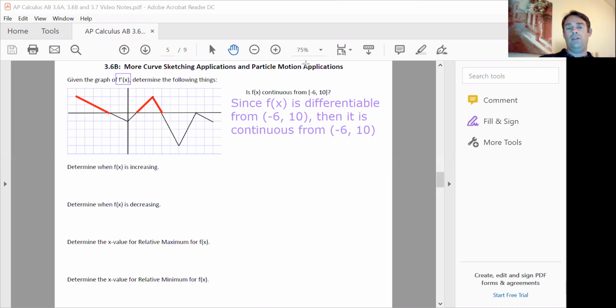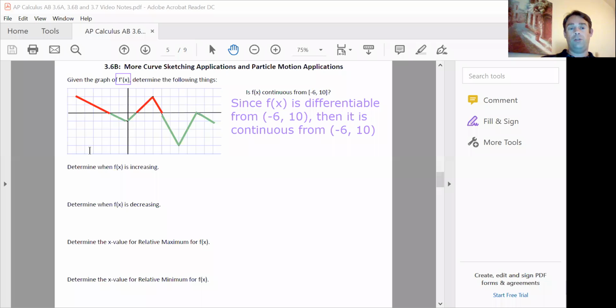Every place that is a negative value, I'm going to go ahead and color it green to help me figure out these questions here. All righty. So where it's red, that's where it's a positive derivative, and therefore that's where it's increasing.